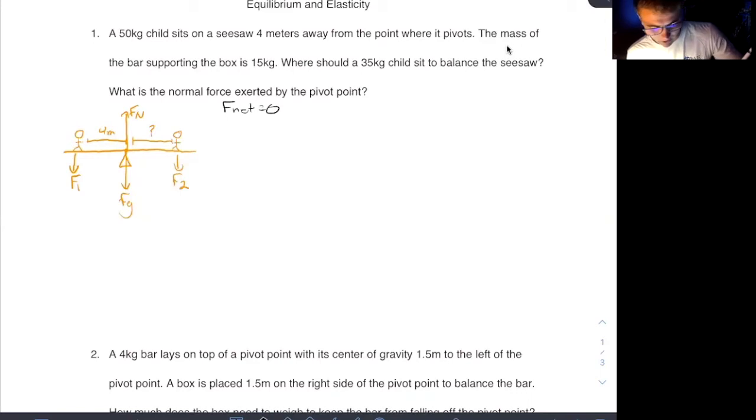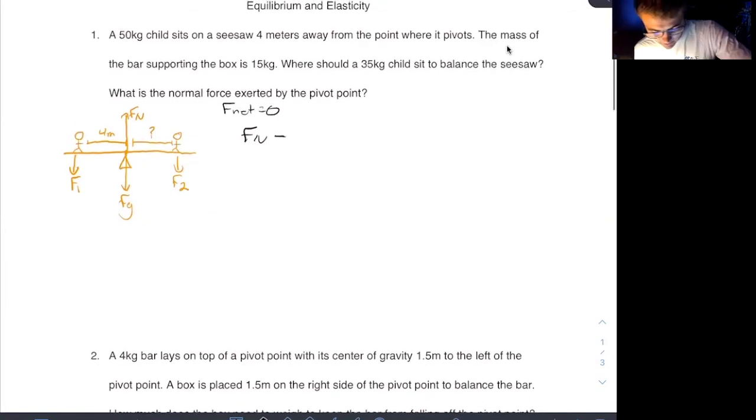So if we make our F net equation for the normal force, it's going to be: the normal force, let's say the negative direction is downwards, so the normal force is upwards and positive, minus F1 minus F2, and then also the weight force, the force due to gravity, and this all equals 0.